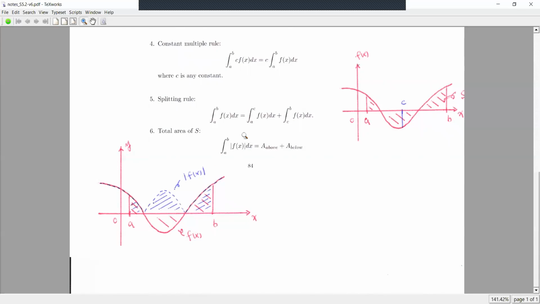So therefore, this integral is the total area of the region S. It is this area plus this area plus this area in this diagram. So when we want to find the total area of the region S, take the absolute value of the function f, then take the integral of the absolute value, then we get the total area of the region S.